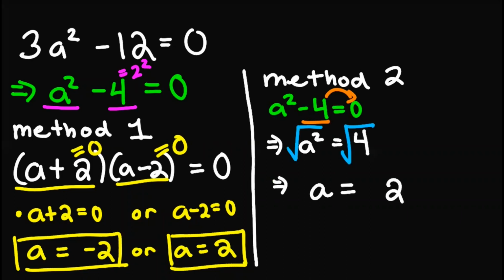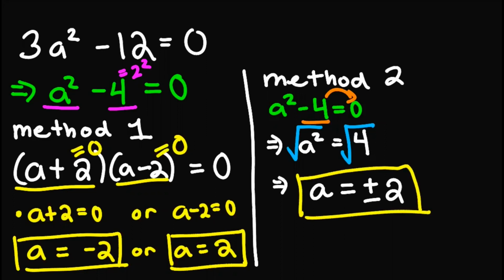But note that since we're dealing with a square root, or an even radical, this outcome must be positive or negative, since positive is for the principal root and negative is for the secondary root. So in either case, we get the same answer.